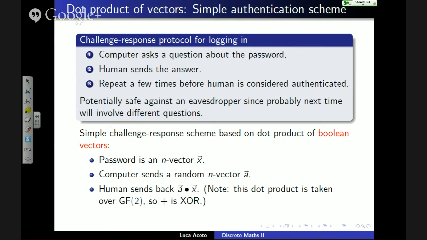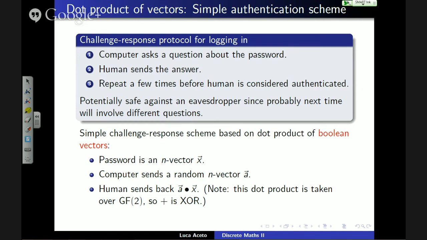Now, one important point here is that when we compute the dot product, the plus is not OR, but it's exclusive OR. That's important if you want to do linear algebra with bits, because exclusive OR has the property that every bit has an inverse, uniquely defined.